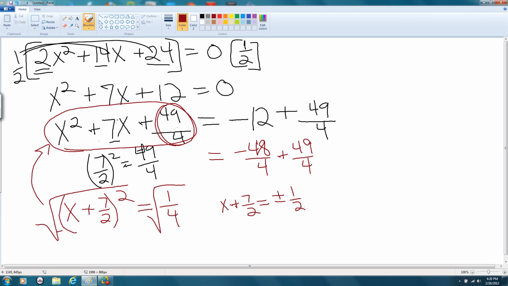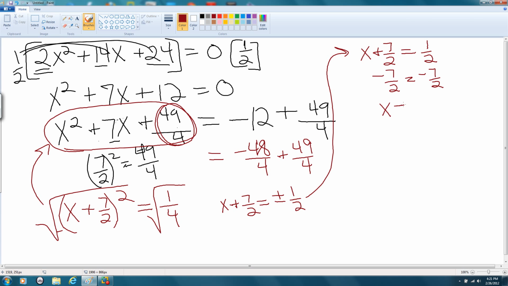And so I'm going to go up here now and finish this. x plus 7/2 is equal to, let's take the positive one first, positive 1/2. I'm going to subtract 7/2 on both sides. And I get x is equal to negative 6/2, or x is equal to negative 3. So that's one of my solutions.